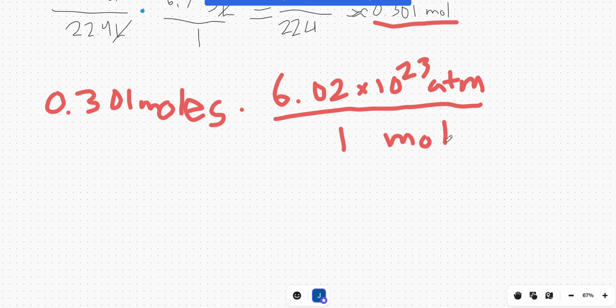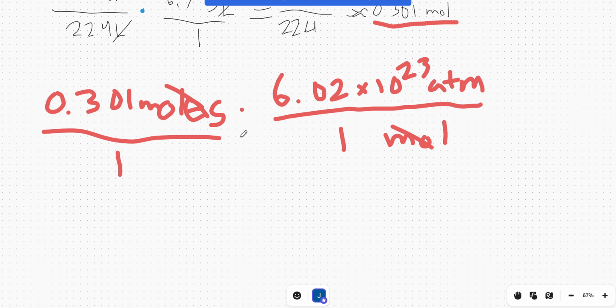We have a similar equation just like our liters. So as we know, the moles will cancel out, is what we want. And then 1 times 1 is 1, and anything divided by 1 is just itself. So essentially, we're just doing 0.301 times 6.02 times 10 to the 23rd atoms.